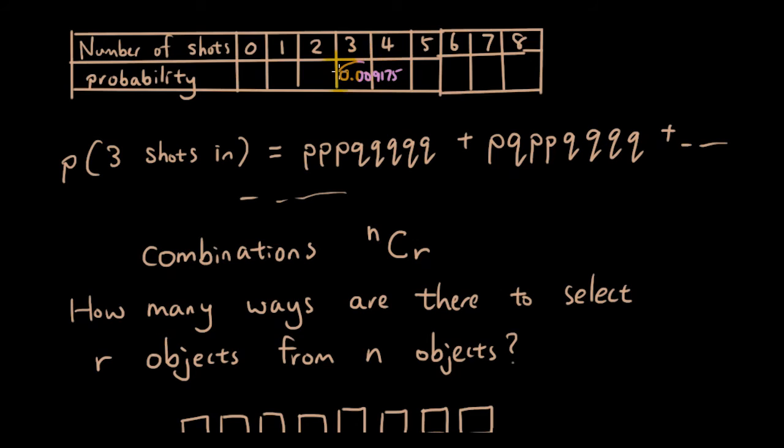So that's just for this box. So we can fill in all of these boxes. I might just get you guys to try this box here. What is the probability of getting 5 shots in? So try that and come back when you're done.